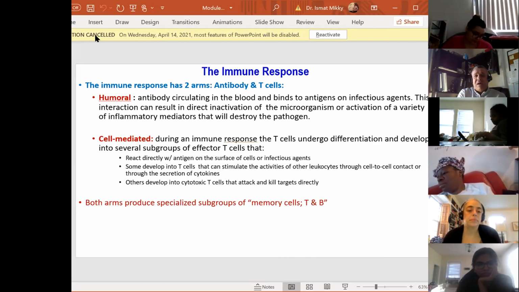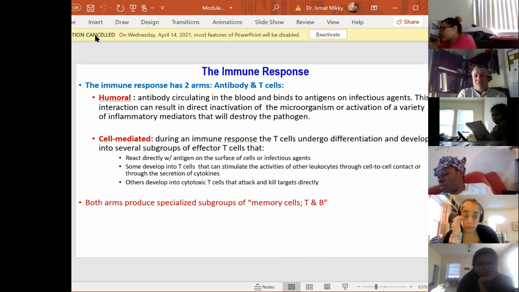You can remember them using the acronym GAMED. IgG is the largest amount of immunoglobulin, and then we have A, and then M, and E, and D.